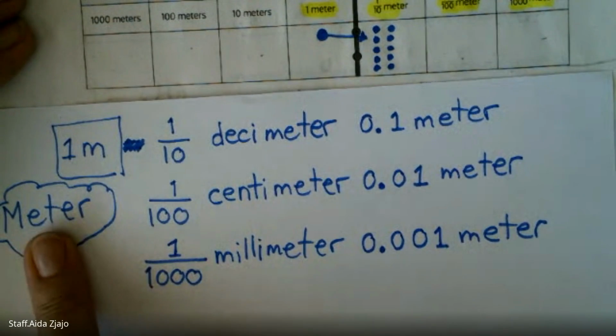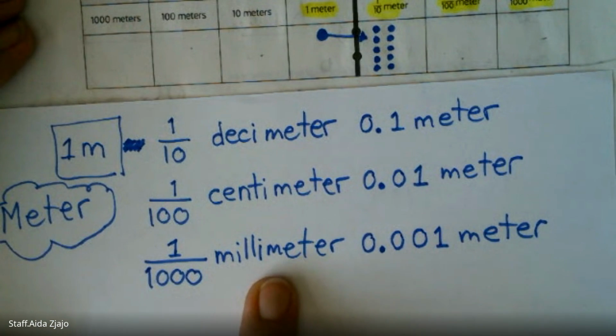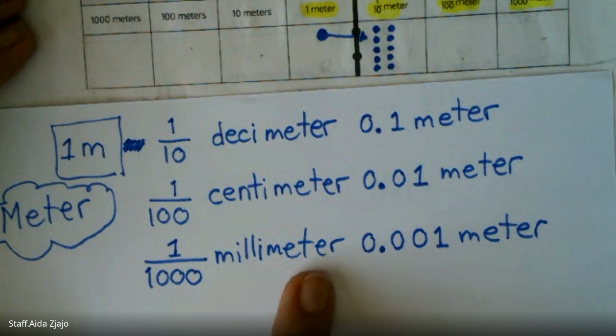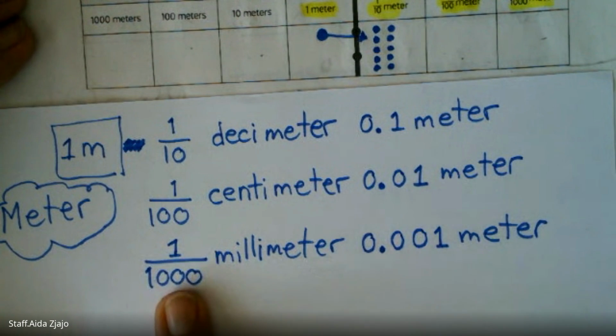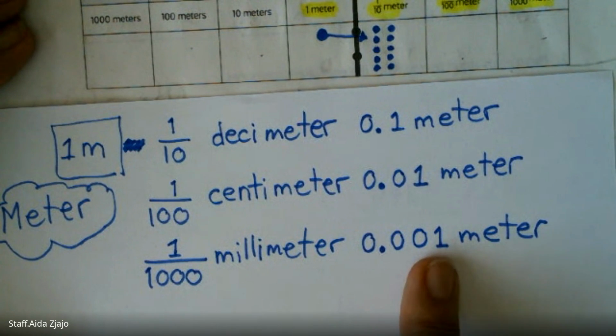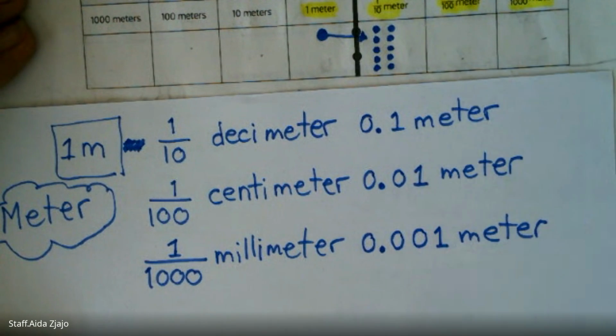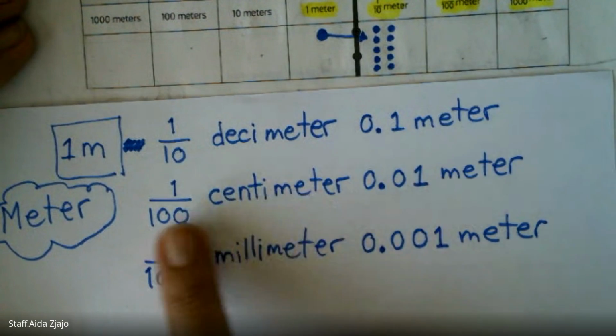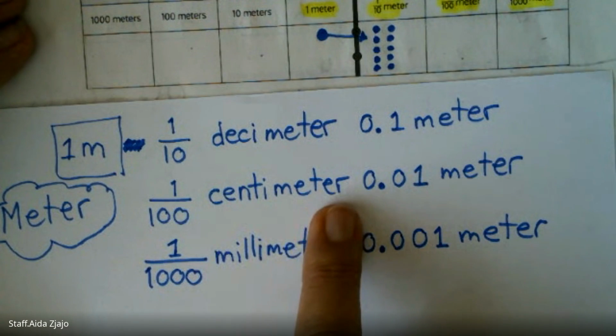If you have a meter, the millimeter is the smallest unit. Millimeter means 1 of 1,000 pieces, and it's 0.001. It's called a thousandth of the meter. And then if we cut a meter into 100 pieces, we call them centimeters.